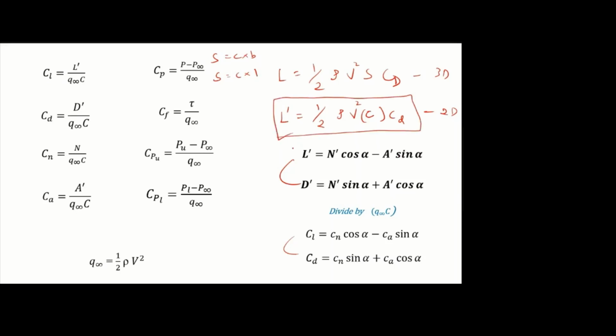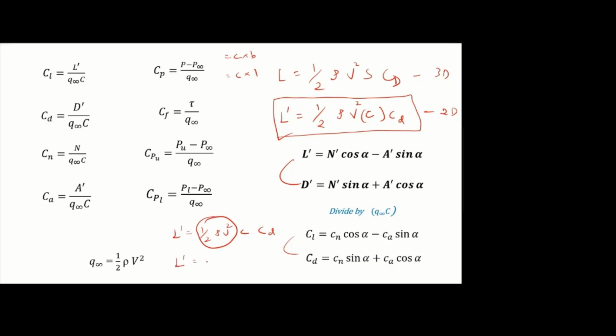So I have to convert this L dash into CL now. And this thing you studied in your fluid dynamics, how to write CL, CD, CN, CA and all. Yeah, same equation. So L dash is half rho V square C cl, and this half rho V square is the dynamic pressure.